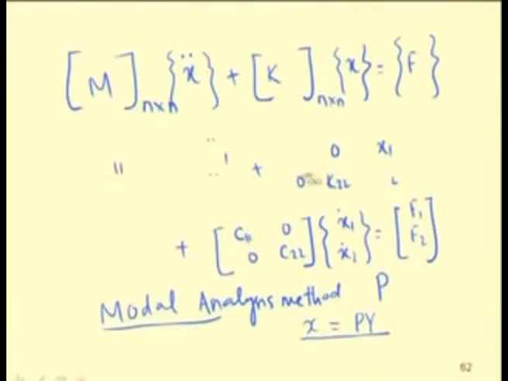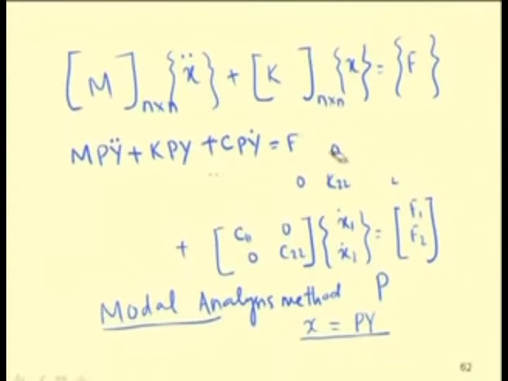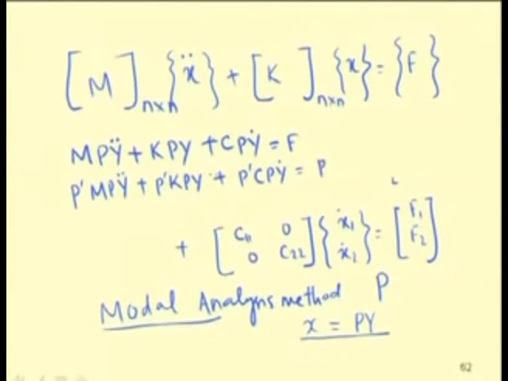By substituting this, I can write this equation as M P y double dot plus K P y plus C P y dot equal to F. Now, by pre-multiplying by P transpose, this equation will reduce to P transpose M P y double dot plus P transpose K P y plus P transpose C P y dot equal to P transpose F.